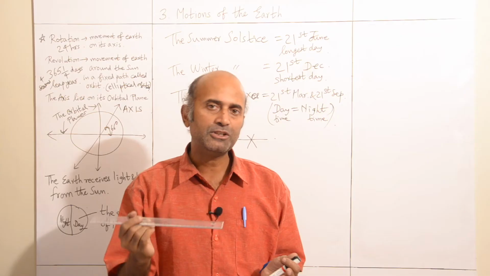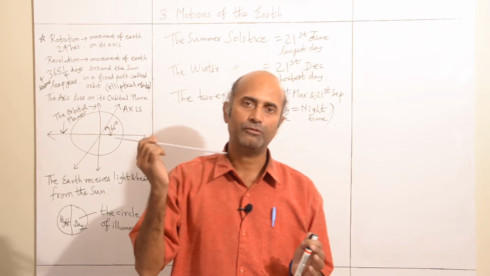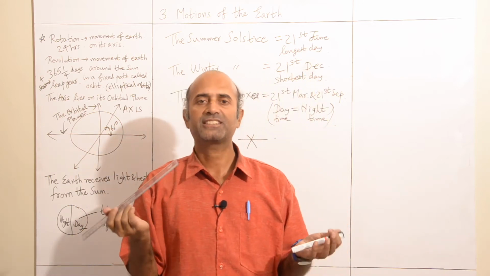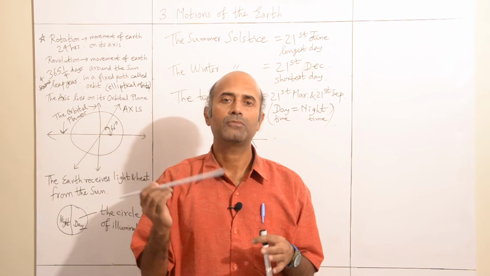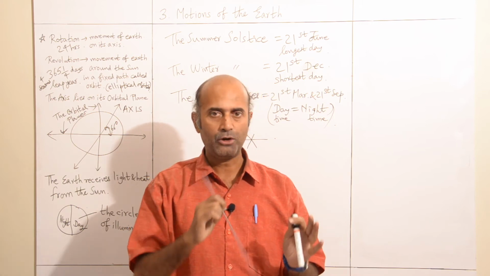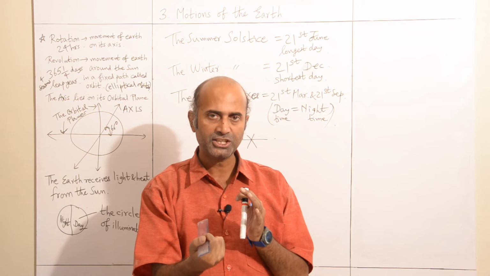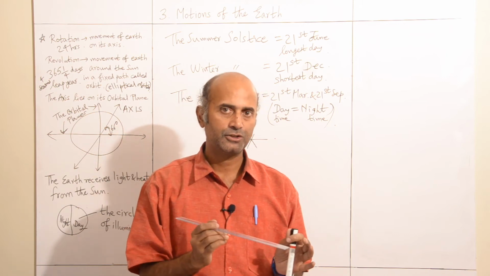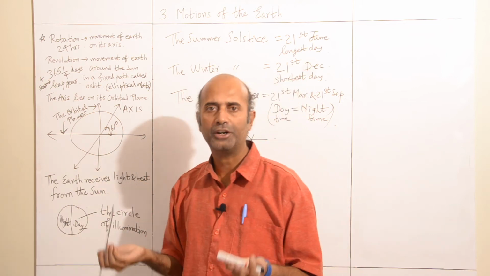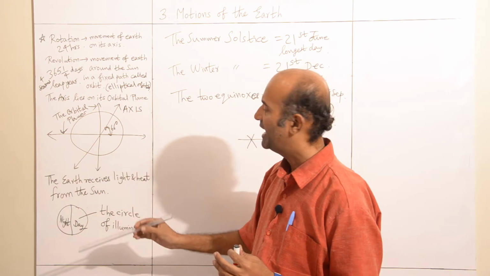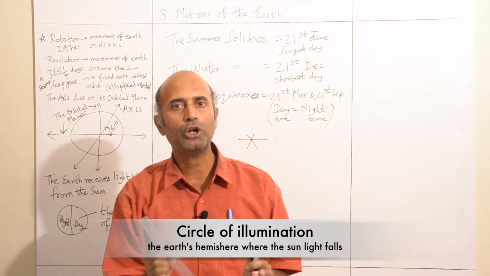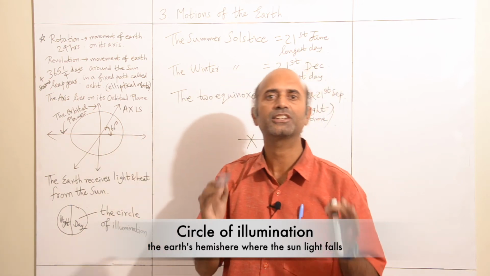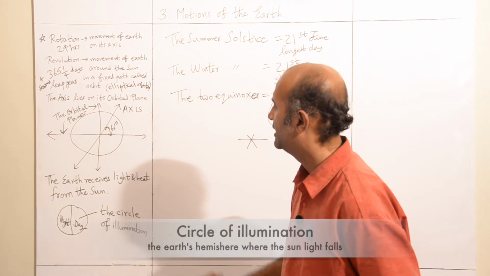The hemisphere on which the sun's rays fall is known as day, and the other side, on which the sun's rays will fall later when the earth rotates, is known as night. So the rotation of the earth causes day and night, and the hemisphere where the sun's light falls on earth is known as the circle of illumination.